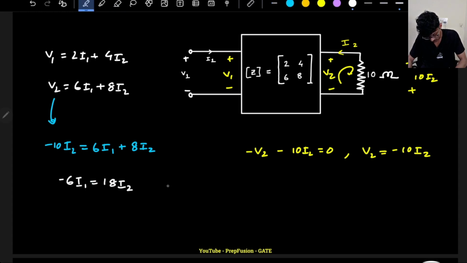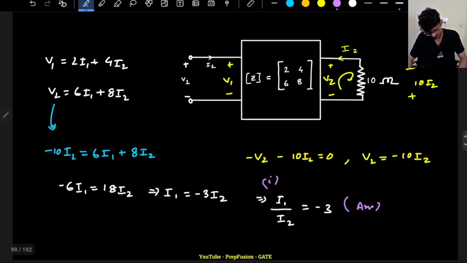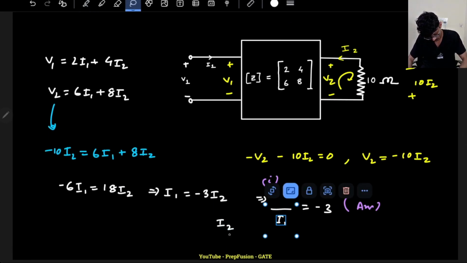Okay, so I1 equals minus 3 I2. So I1 is minus 3 I2, so I1 by I2 is minus 3. So this is the first answer. Oh, okay, they have asked the reverse, sorry, they have asked the reverse. So I2 by I1 will be minus 1 by 3.